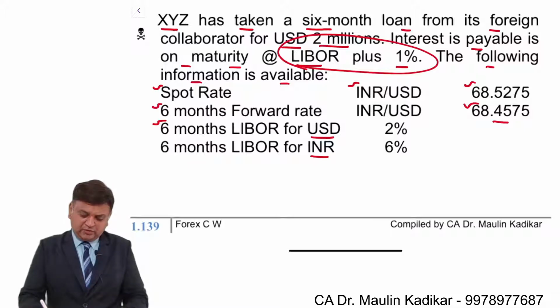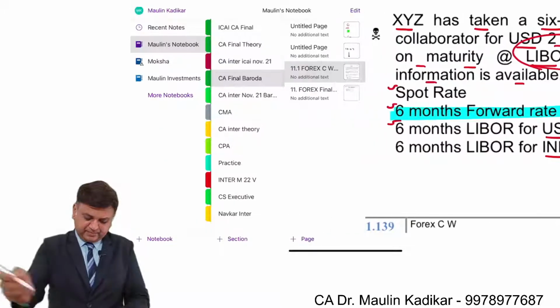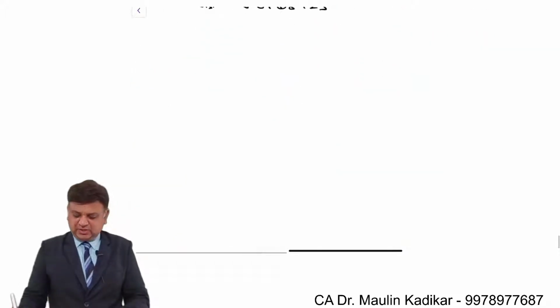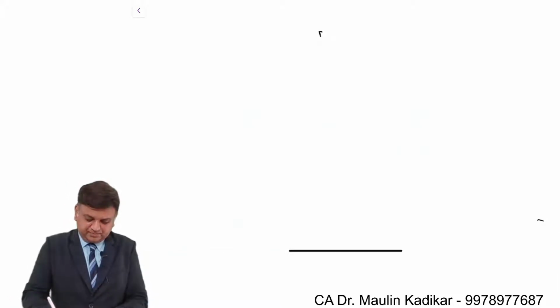If at all you are going for a money market hedge, then what will be the rate at which you are required to pay? Let us understand. Simply we can answer like this. Let me explain first of all.